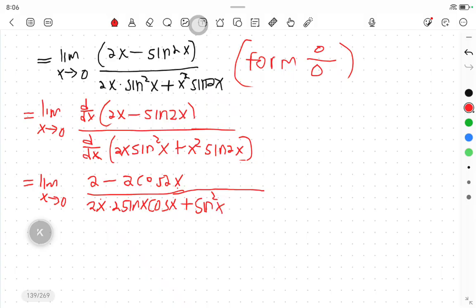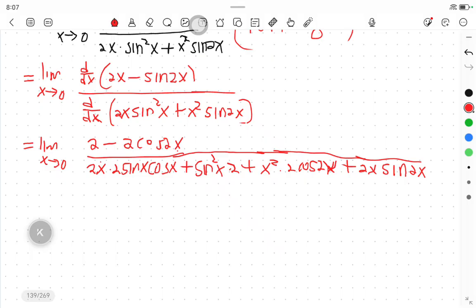I derive the 2x, I get 2, times 2, plus, when I derive this, I keep the x squared first, I derive the sine 2x, I get 2 cos 2x, plus, now I keep the sine 2x, I derive the x squared, I get the 2x sine 2x.